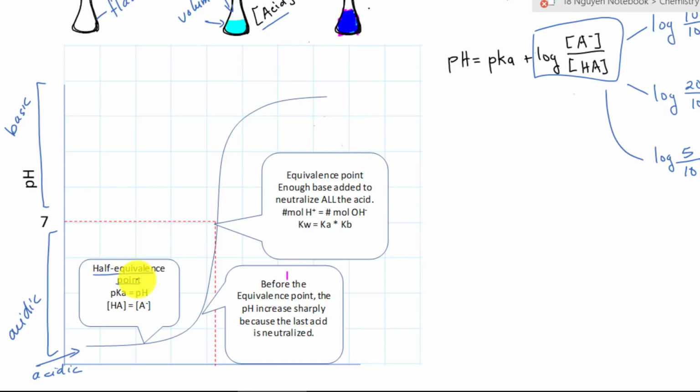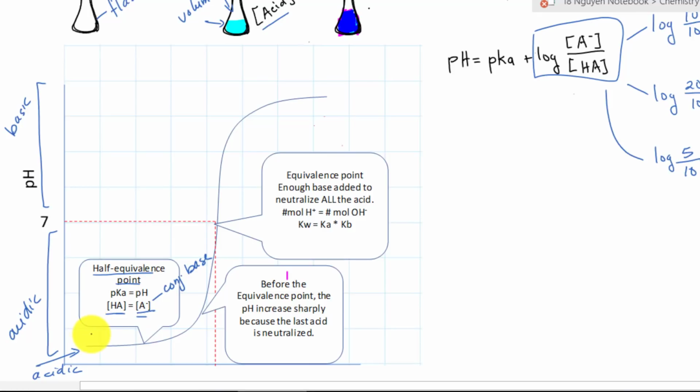What's so special about the half equivalent point is that half of the concentration of the acidic solution is titrated to its conjugate base. So the concentration of the acid is equal to the concentration of its conjugate base form.